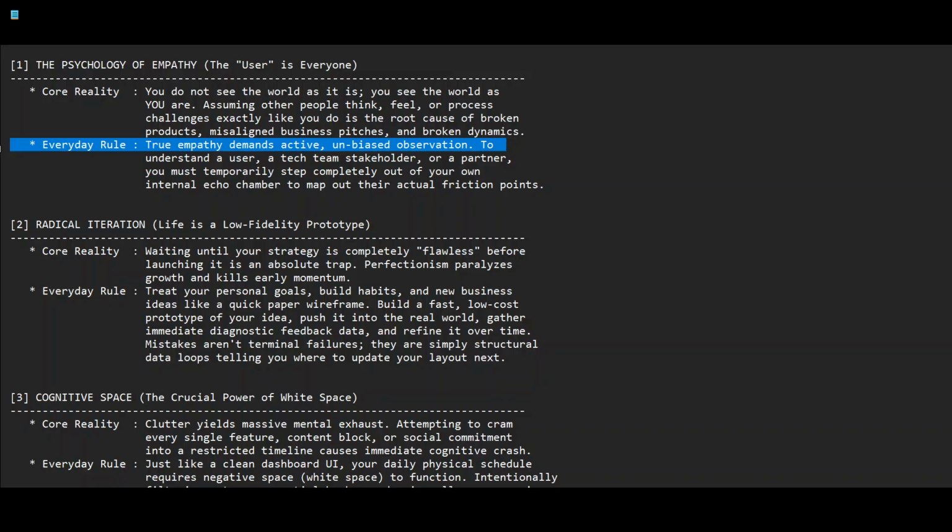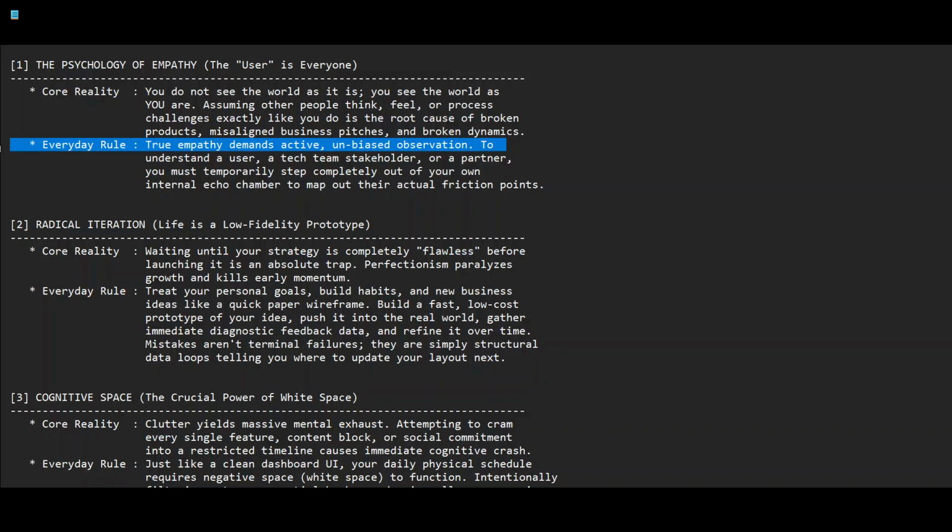So, yeah, you have to unlearn yourself. Don't put your knowledge, your experience into other people's experience.